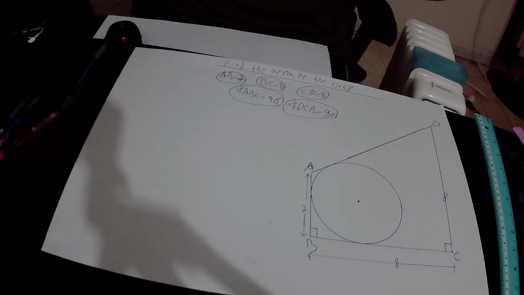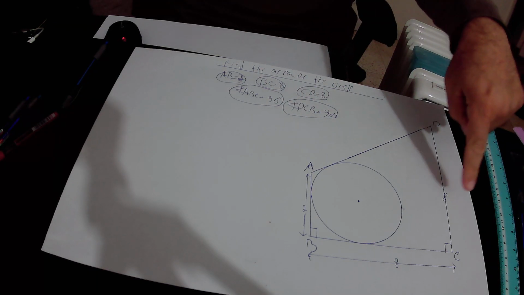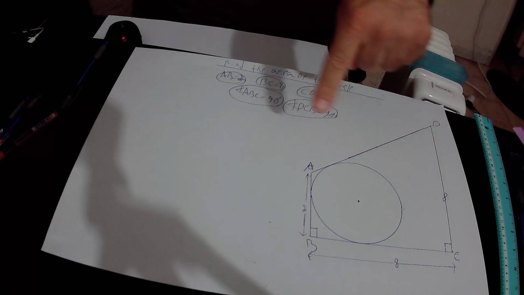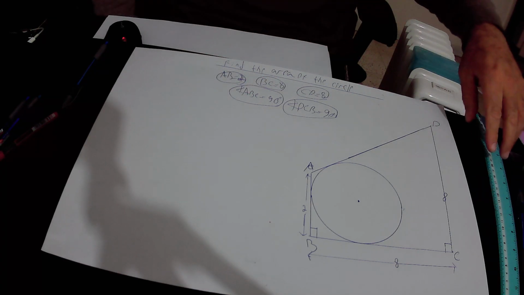So first of all we do a construction, that is to say we will extend side DA and side CB by a straight line until they touch each other.